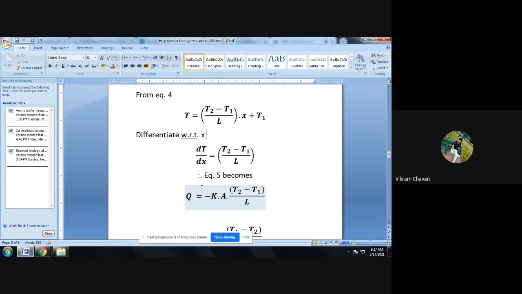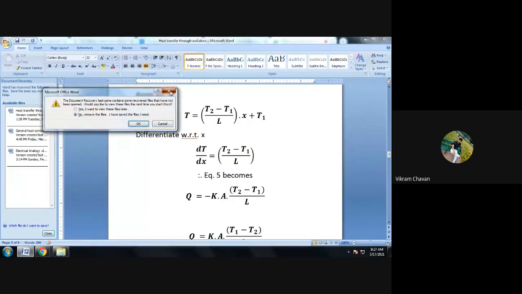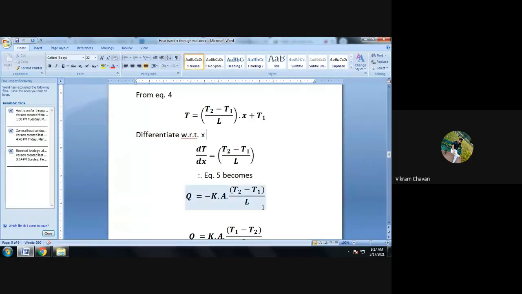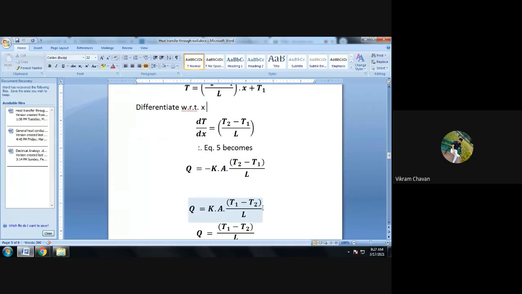Q is equal to minus K multiplied by A multiplied by (T2 minus T1) divided by L. In the next step, we have to absorb this outside negative sign inside the bracket.